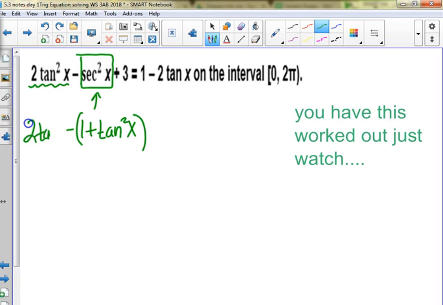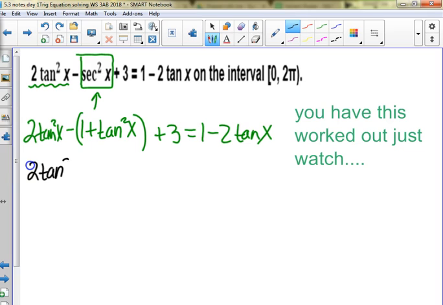We have 2 tangent squared of x minus that trade plus a 3 equals 1 minus 2 tangent of x. I kind of want to cry. That's a lot. All right, so do some algebra. 2 tangent squared, distribute the negative. I don't know, how about if I subtract 1 from both sides?